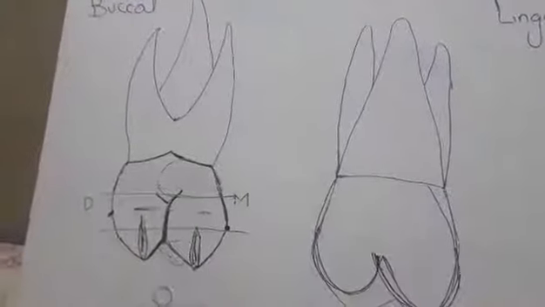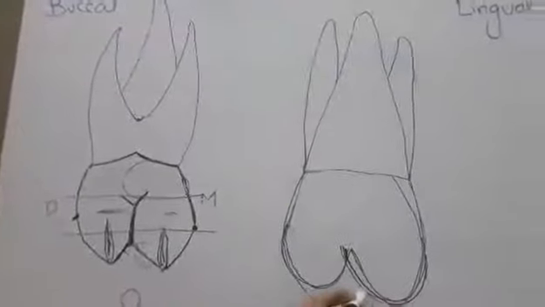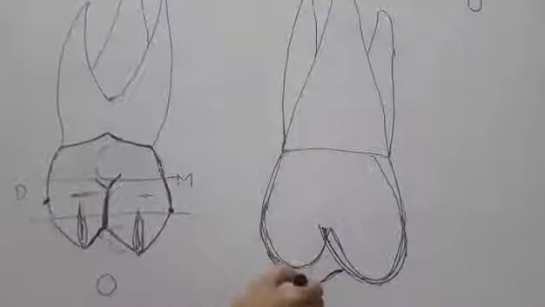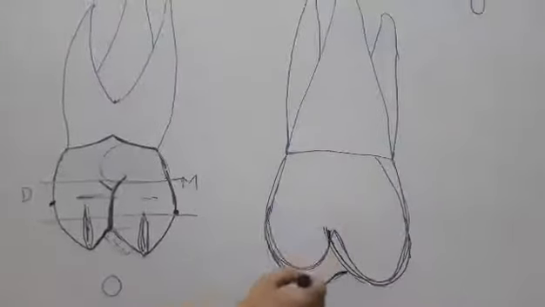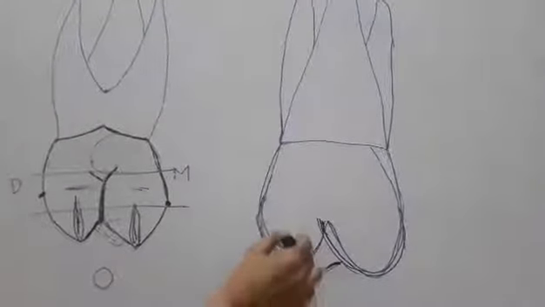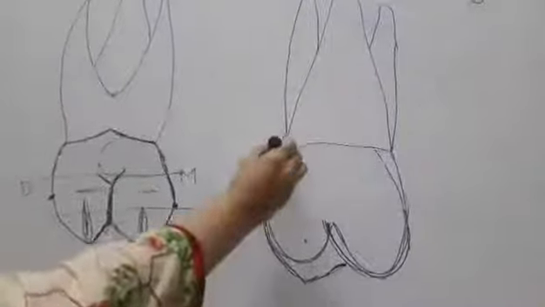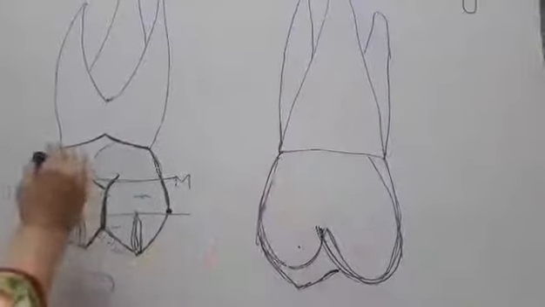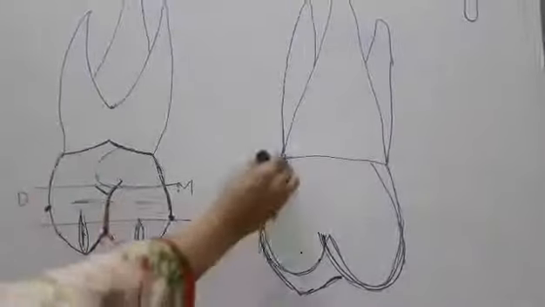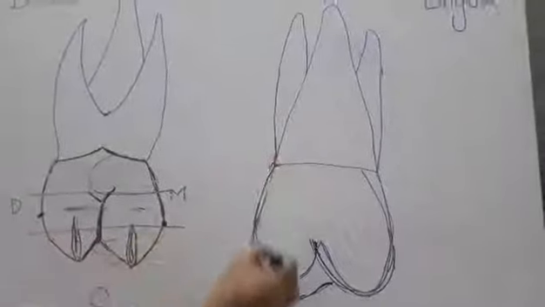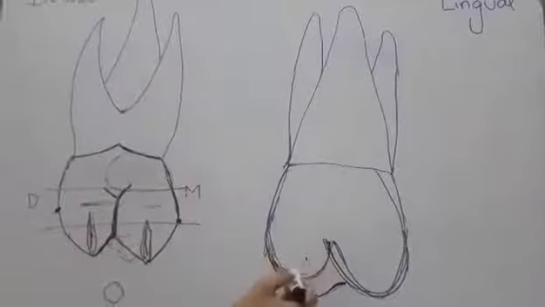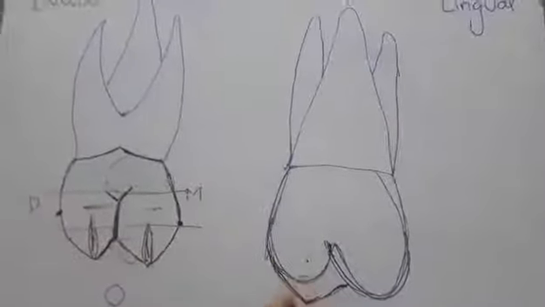We can see a portion of the distobuccal cusp from the lingual aspect because the distobuccal cusp is longer than the distolingual cusp. This distal outline shape is similar to the distal outline of the buccal surface, but it is shorter because the distolingual cusp is shorter or smaller than the distobuccal cusp.